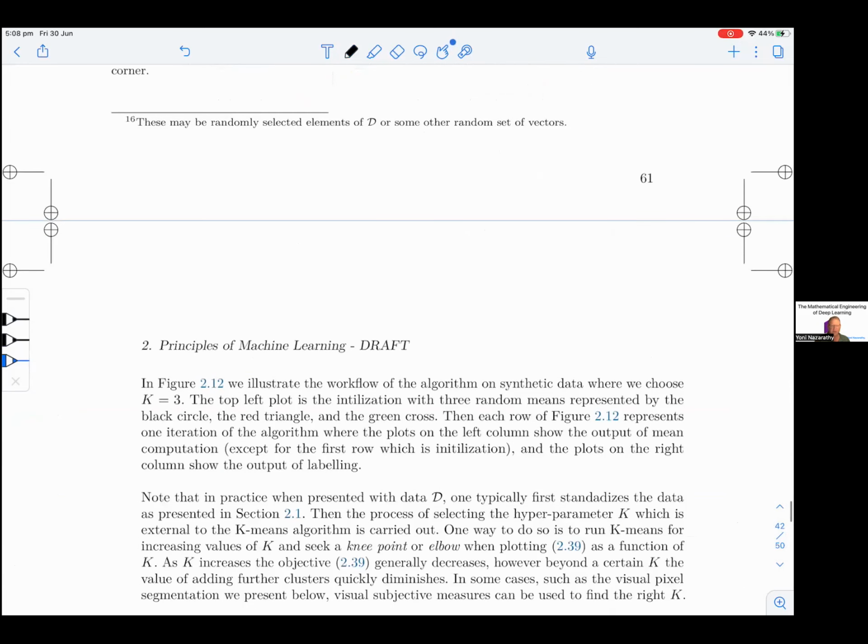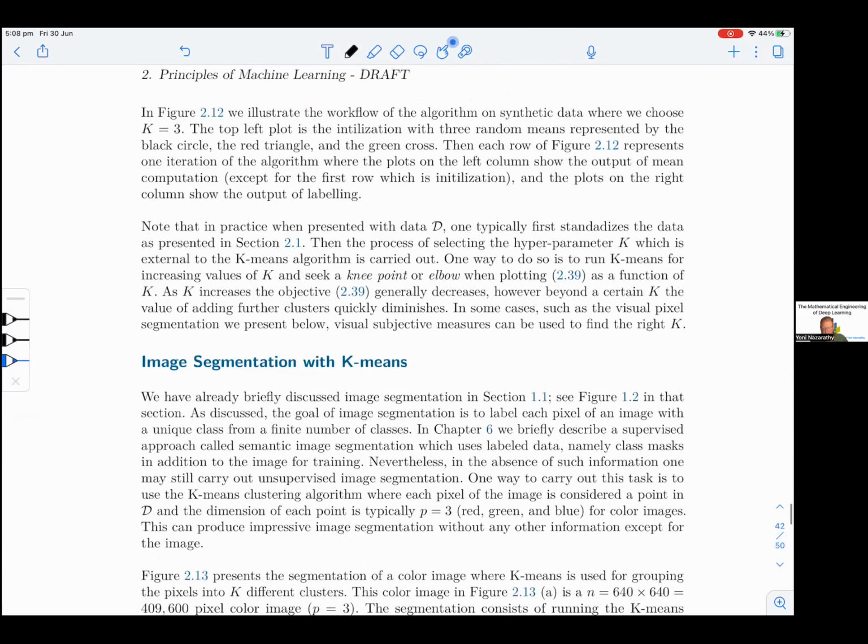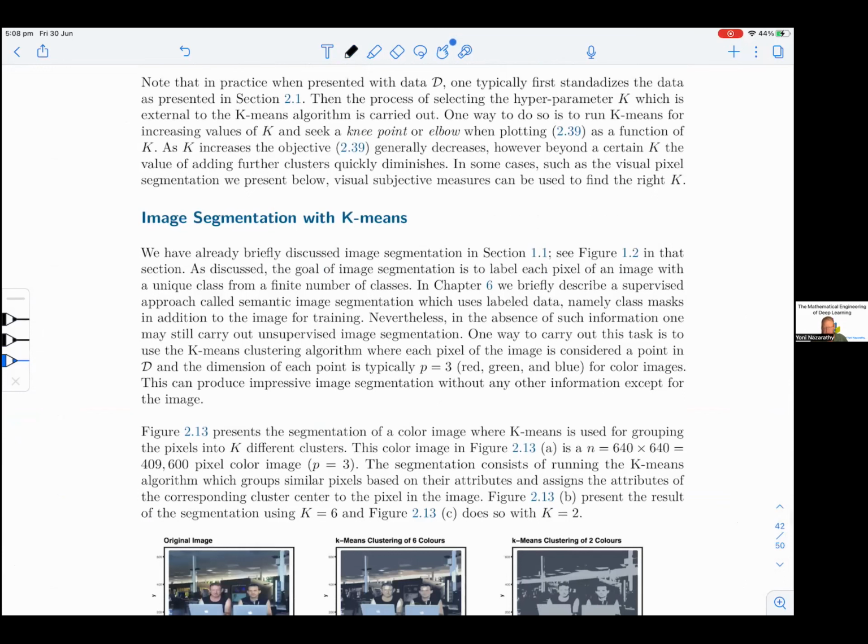Note that in practice, when presented with data D, one typically first standardizes the data as presented in section 2.1, so subtracting the mean and dividing by standard deviation. Then the process of selecting the hyperparameter k, which is external to the k-means algorithm, is carried out.